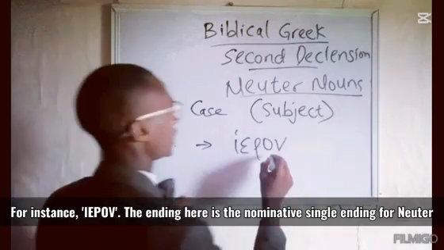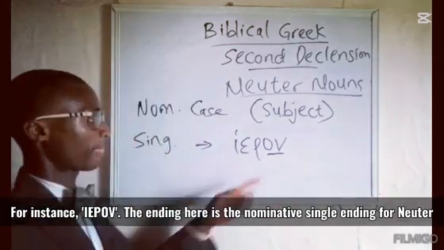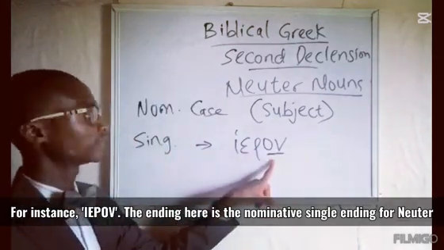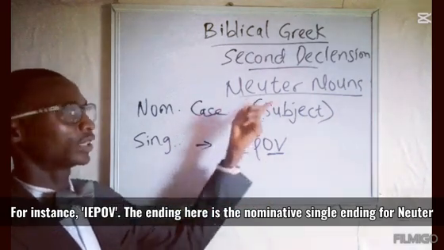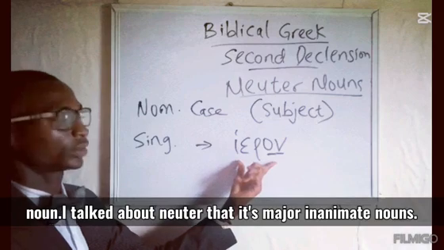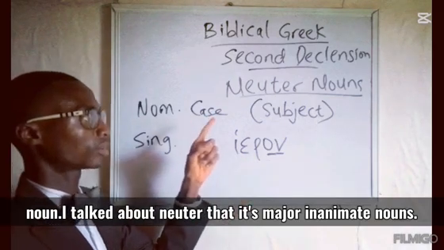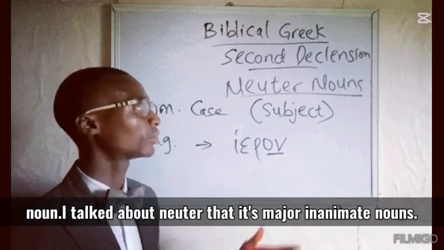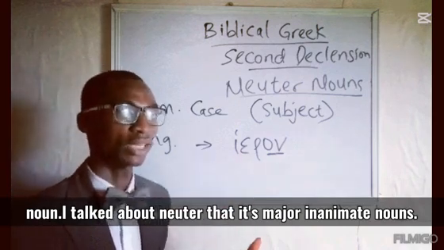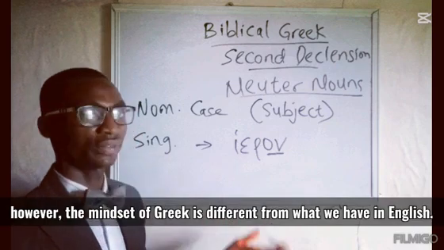Now the ending here is the nominative singular ending for neuter noun. This is a neuter noun, and mind you, neuter talks about the inanimate, majorly nouns that are not living.